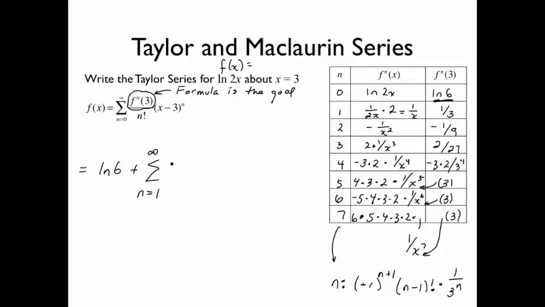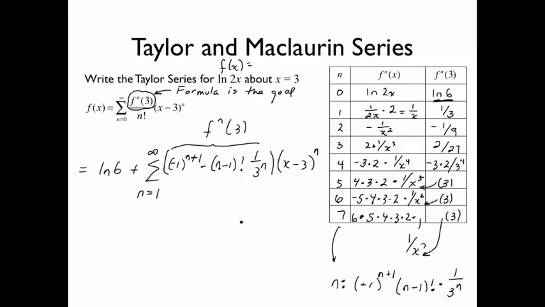Negative 1 to the n plus 1 times n minus 1 factorial times 1 over 3 to the n. That whole thing is what we found as the nth derivative taken at 3. Times x minus 3 to the n. So now this is just following the form of the Taylor series, over n factorial.